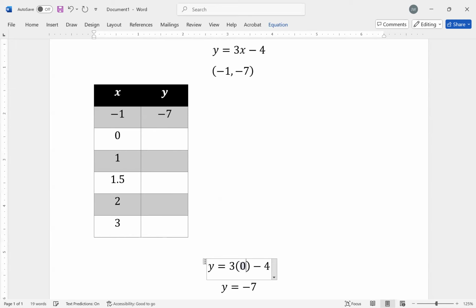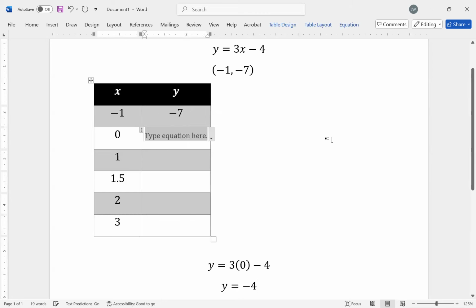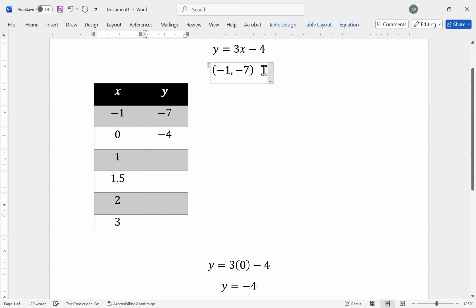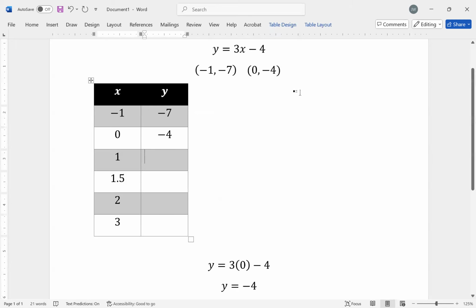So if I do plug in a 0, my corresponding Y value will be -4. 3 times 0 minus 4 gives me a -4. That means the point 0, -4 is on the graph. You can do this for any value of X. So I plug in a 1, 3 times 1 minus 4 is a -1.